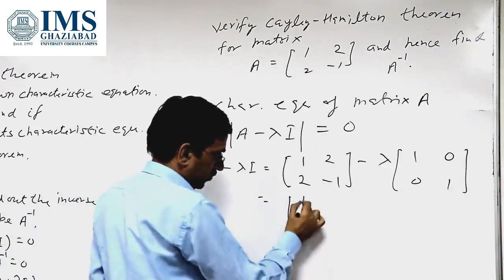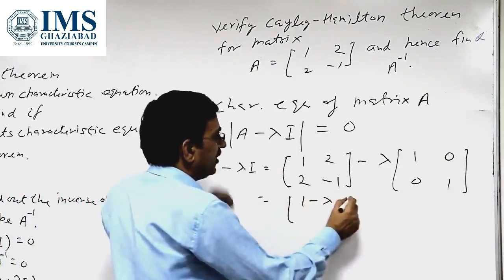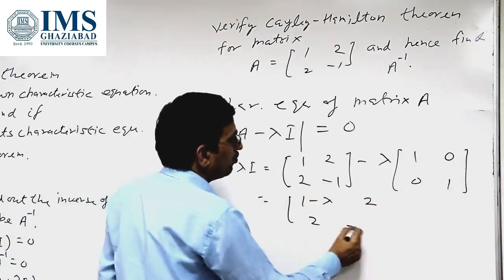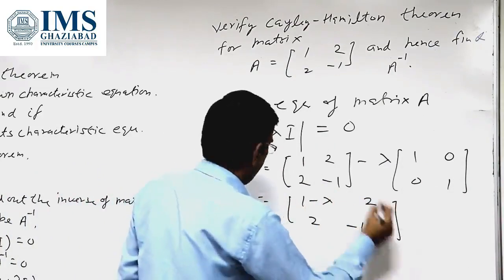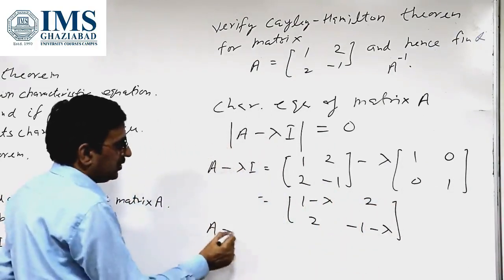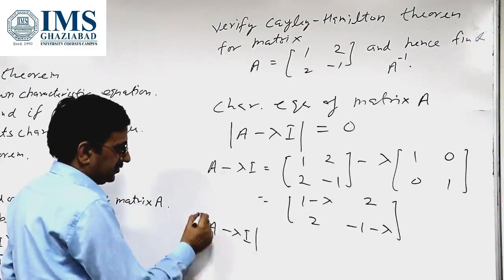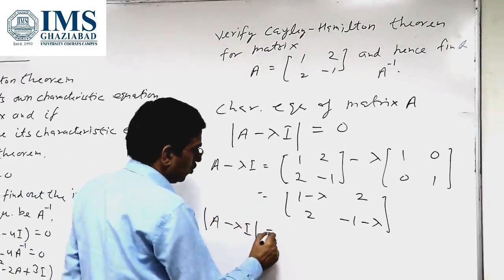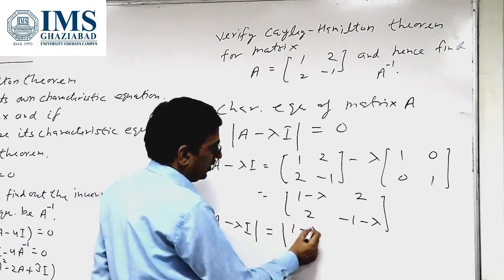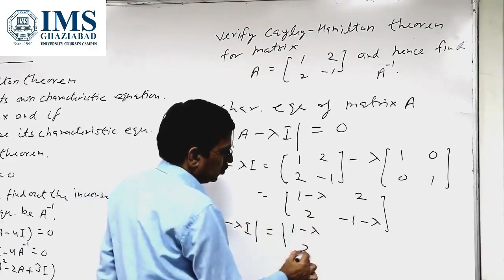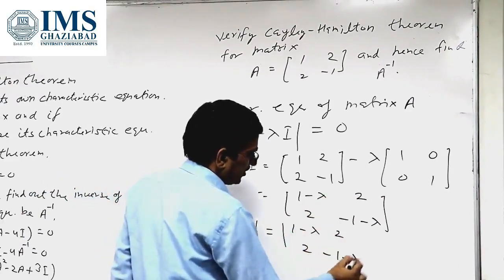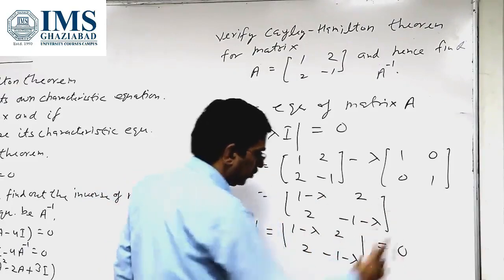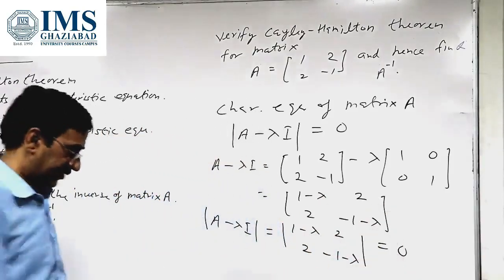So this is [1 minus lambda, 2; 2, minus 1 minus lambda]. Now the determinant of A minus lambda I equals 0, so we will simplify this determinant first.